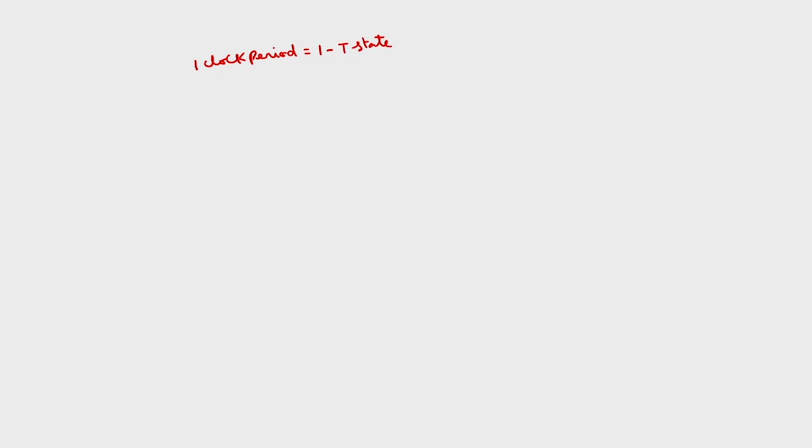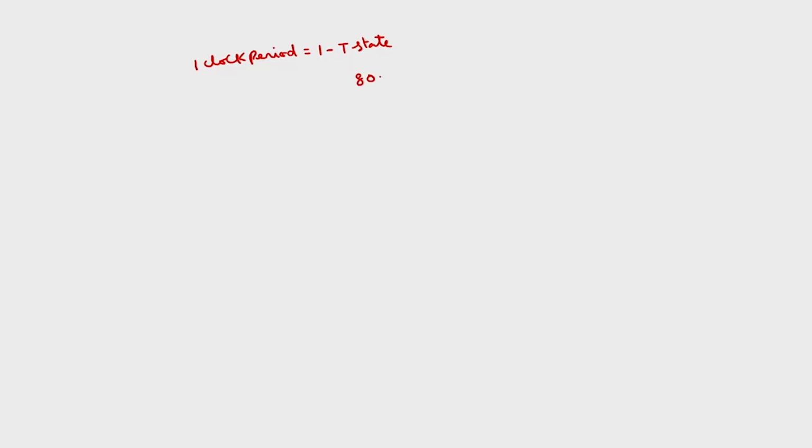If I take the 8086 microprocessor cycle, which is called the bus cycle, it takes 4 T states. I will show what the T states are. If I want to read or write data, we require the address and data buses.